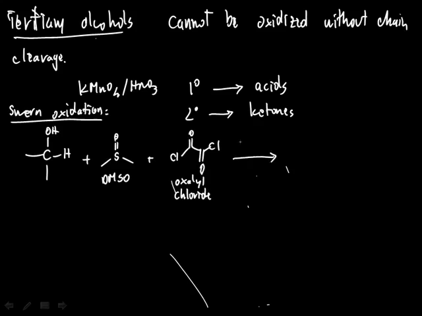And once this reaction is done in methylene chloride in the presence of triethylamine, we'll get our carbonyl compound oxidized, and the side products in this case are CO2, HCl, which is typically bound by triethylamine, and dimethyl sulfide. And both of the side products are gases which are easily removed. And so this made this reaction very popular and very clean.